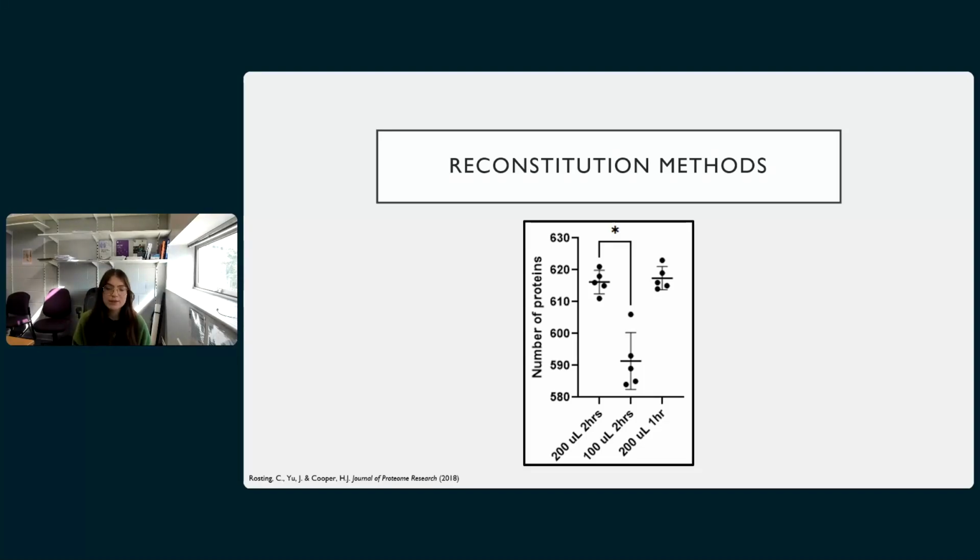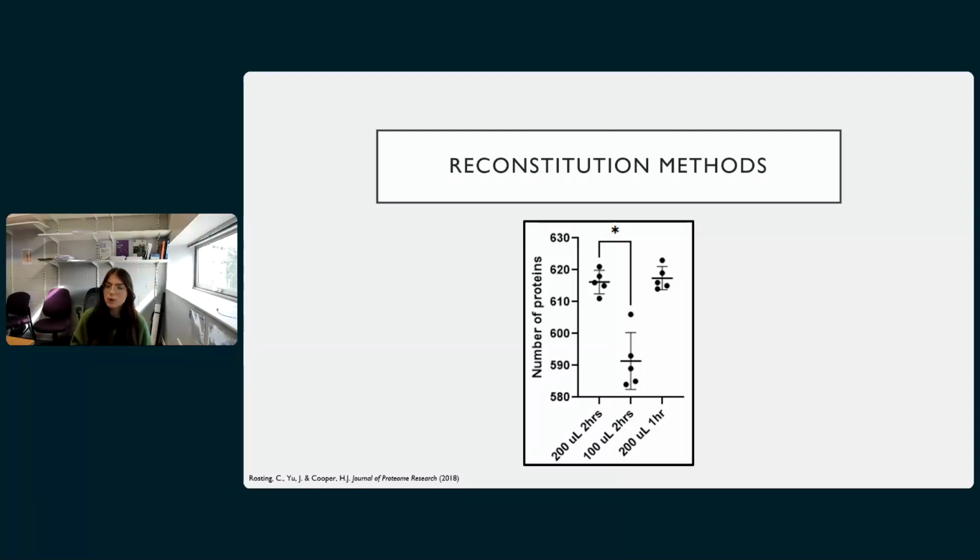So when I incubated it in 200 microliters for 2 hours, there were more proteins which I would expect to be in higher abundance than there were in the 1 hour condition. Therefore, my conclusion was that the 2 hour condition gave me the most accurate representation of the whole blood proteome. And it was for this reason, and to allow time for the most diffusion of the proteins into the media as possible, that I opted to continue with the 2 hour method.